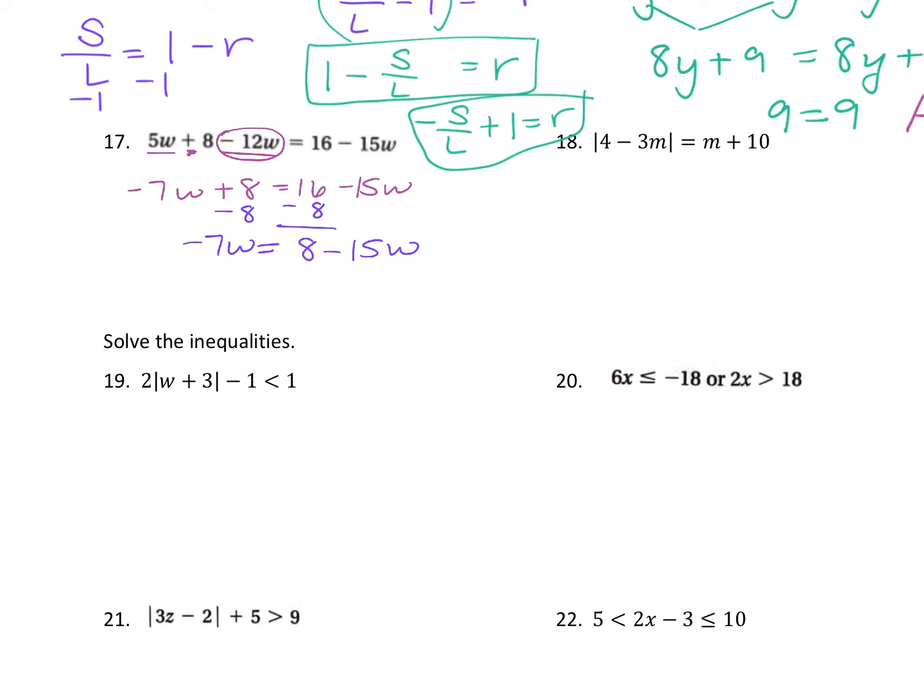And then what's next? Add the 15w, right? So you get 8w equals 8. Divide by 8, and w would be 1. And you can always check it. Go back and plug it in. See that you get equal expressions there.